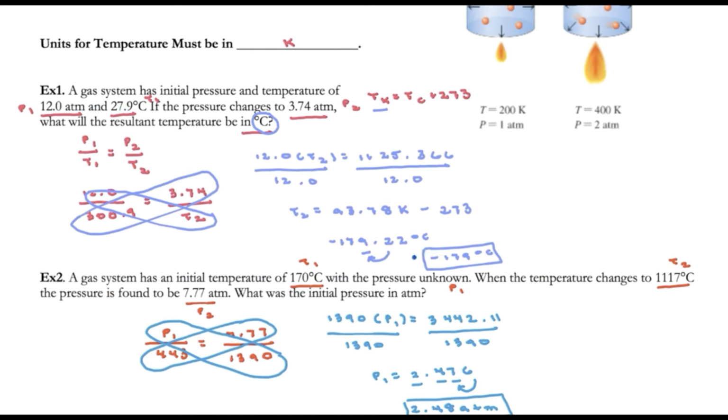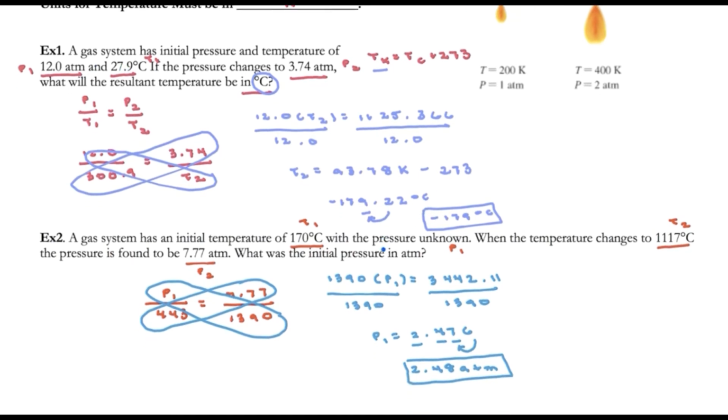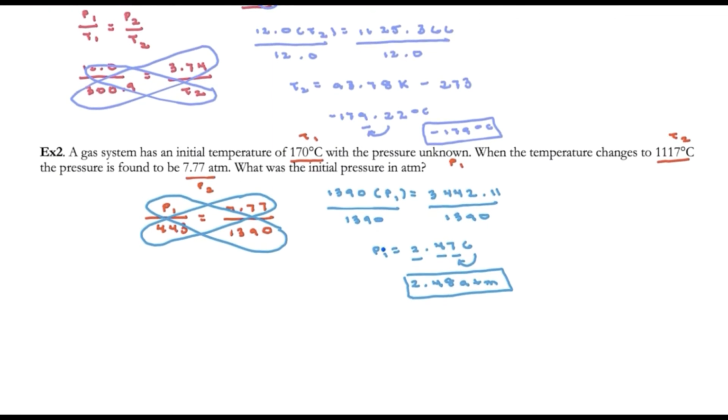So my temperature is decreasing, which is what I would expect. For the next example, notice I'm increasing temperature, going from 443 to 1,900. So this initial pressure should be lower than 7.77. And it is, it's 2.48. So that's a nice, easy way to check your math.